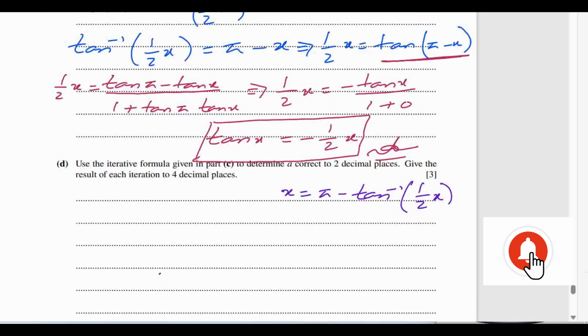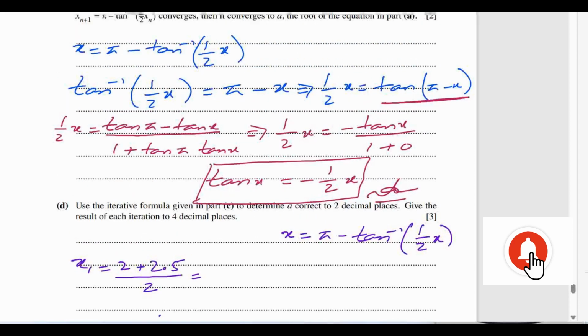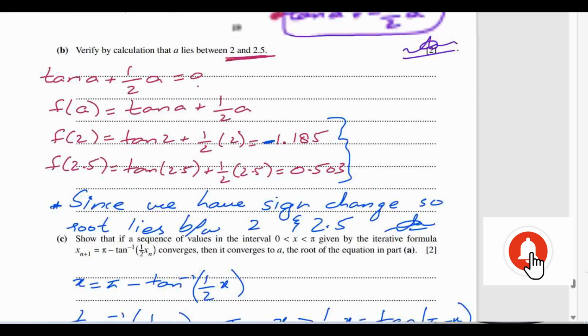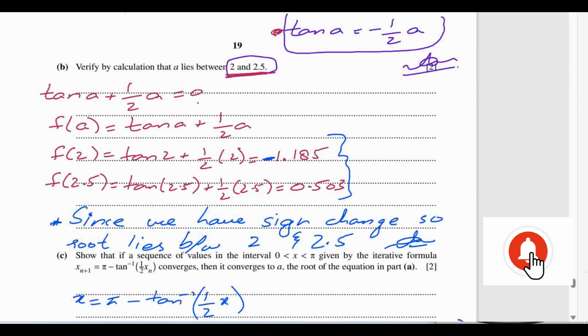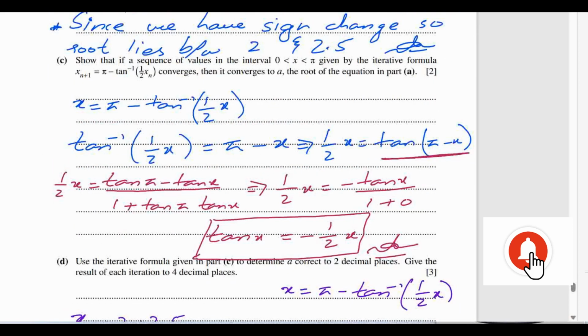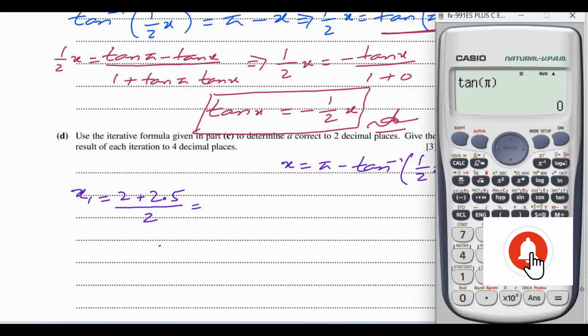So now first of all, x1 will be equal to 2 plus 2.5 whole divided by 2. You can see from here that the root lies between these 2 points, so this will be the starting point. 2 plus 2.5 divided by 2 will be equal to 2.25.